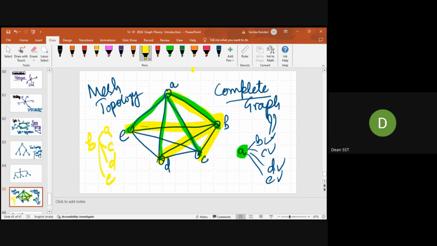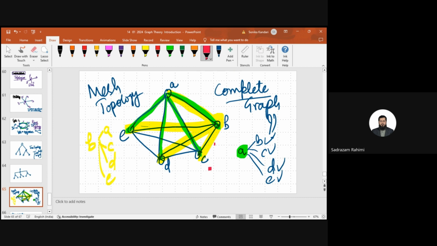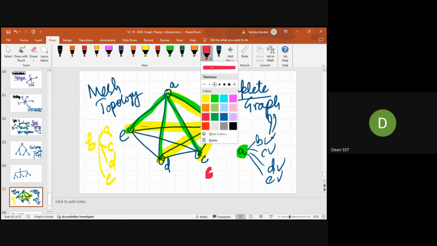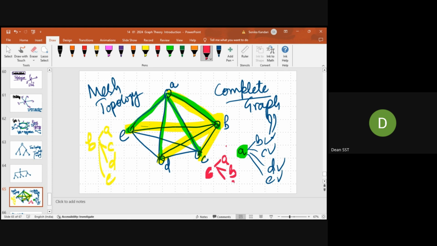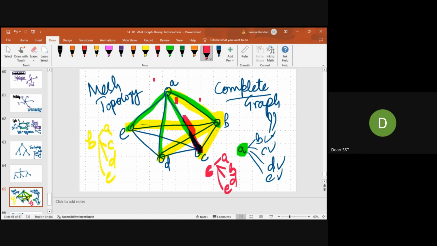Now we have to check for C. C to A, C to B, C to D, and C to E. Good.